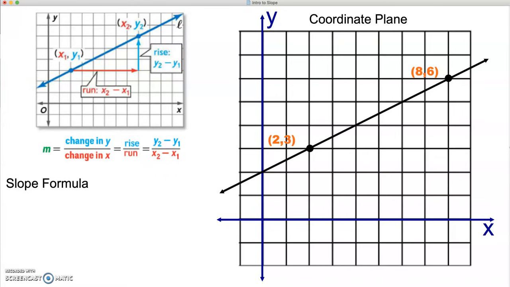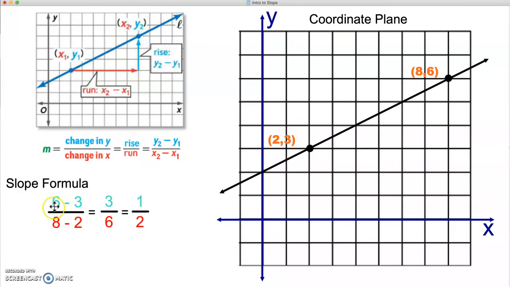Let's take a look at another example. So on the coordinate plane, if we want to go from 2, 3 to 8, 6 and find the slope of this line, we know already that our slope should be positive because we can see that this line is increasing from left to right. So for the points 2, 3 and 8, 6, if we use the formula, we use the y values to find the rise.